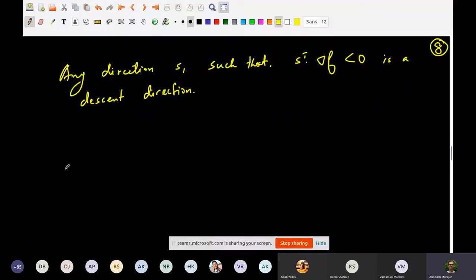So let us see. Suppose I gave you the gradient of f. Suppose the gradient of f is known. So this is a question for all of you. Let's see who can answer.